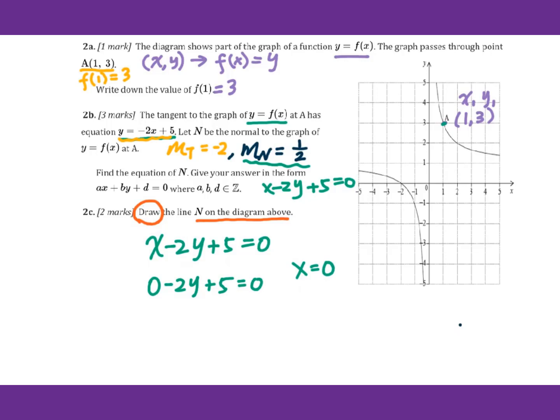Since this is a linear equation, we isolate the variable on one side. You will get 2y equals 5, so y equals 5 over 2. Another point will be 0, 5 over 2. That means 2.5 is here. Then you need to connect these 2 points.